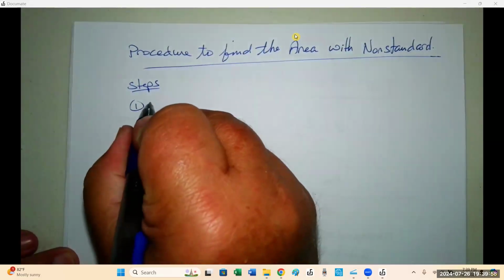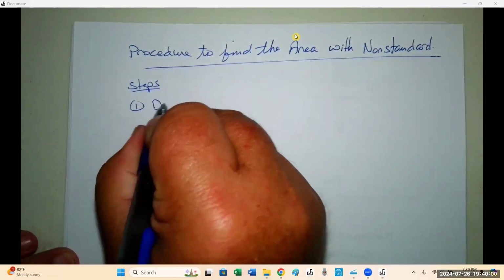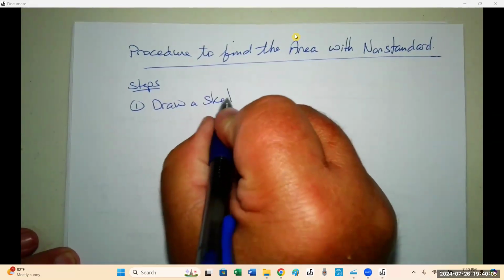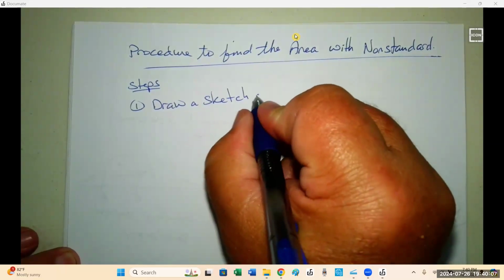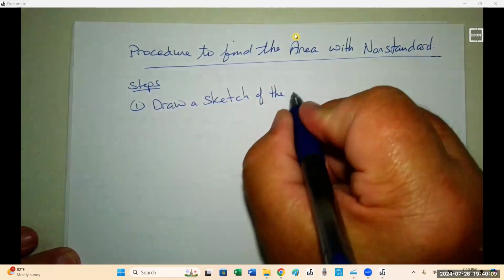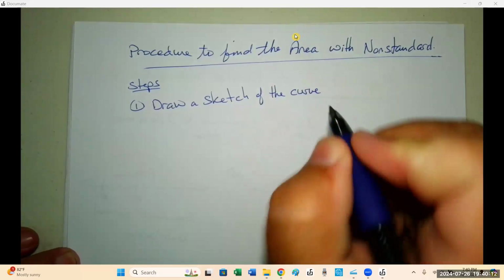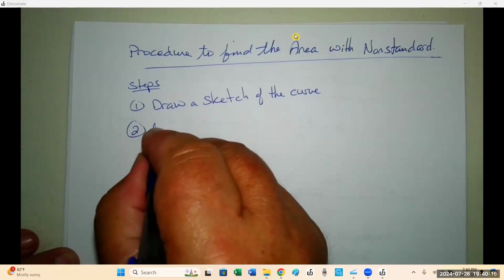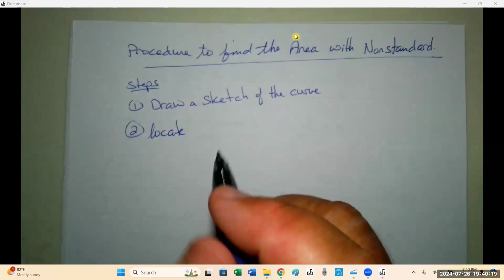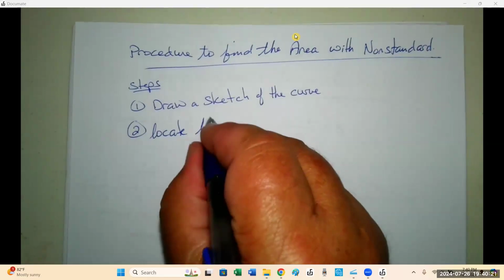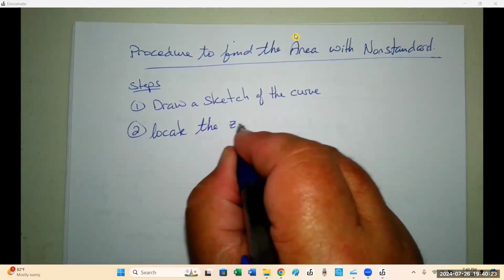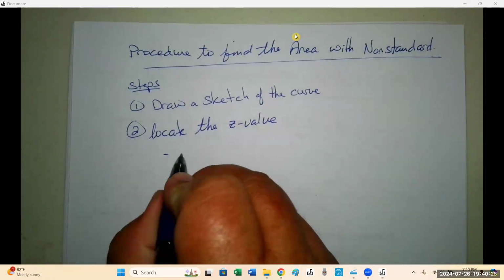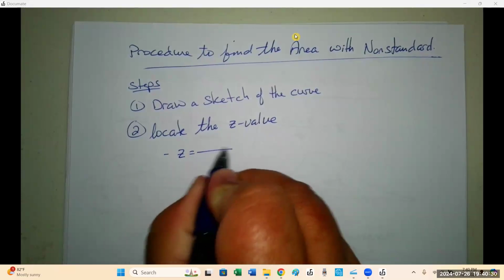Step 1: Draw a sketch of the bell curve. Remember, the mu's in the middle. Locate the z value. You have to use that with this formula.